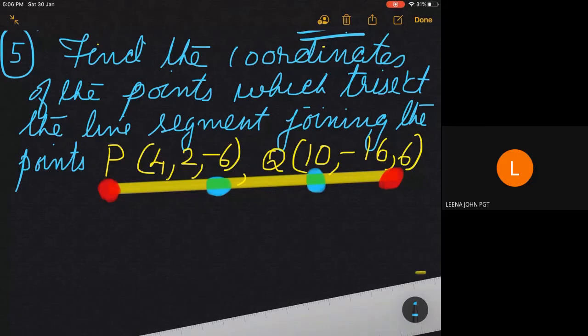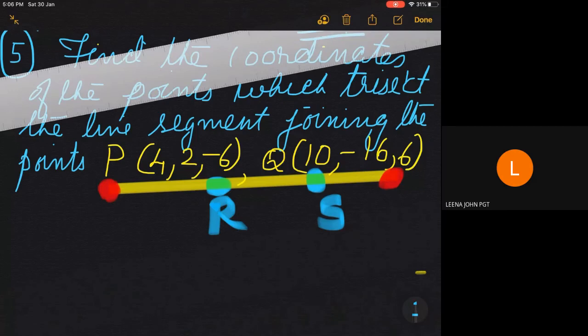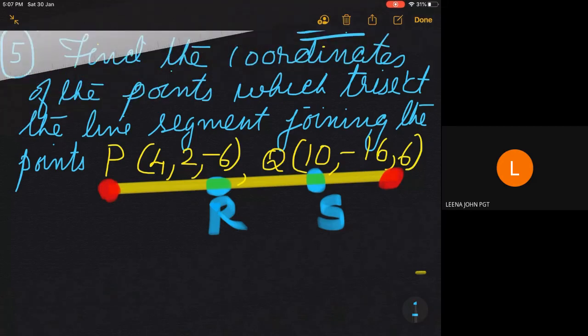So these 2 points, I have almost done it like trisecting. I'm calling them R and S. So we have to find out R and S. This can be done by using the section formula. Here trisect means you know that PR is to RS is to SQ is 1 is to 1 is to 1.